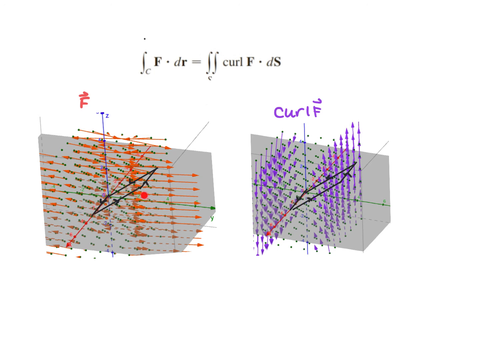The more that this vector field is curving around, in this case, it's helping us around this curve, its curl vectors are going to be bigger this way, which means the flux is going to be bigger. The more this is swirling, the more that the vector field is increasing the work done on this by the vector field in moving the object around, the more flux that there's going to be across this surface. So that's a really rough idea.